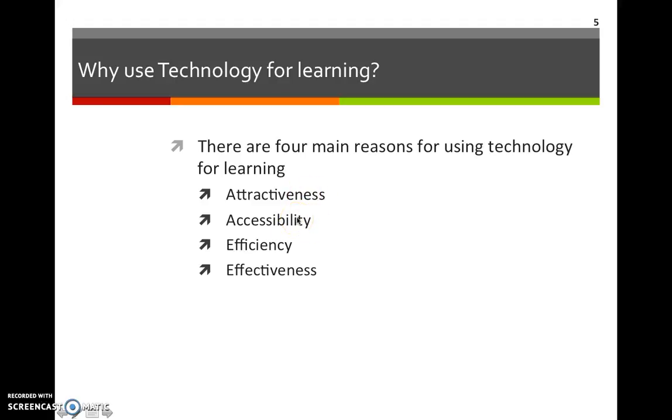Accessibility is that the technology makes the learning more accessible to the learner. Efficiency is increasing the efficiency of learning, and effectiveness is using the technology for making the learning more effective. We'll be seeing all these 4 parameters in the later sections.